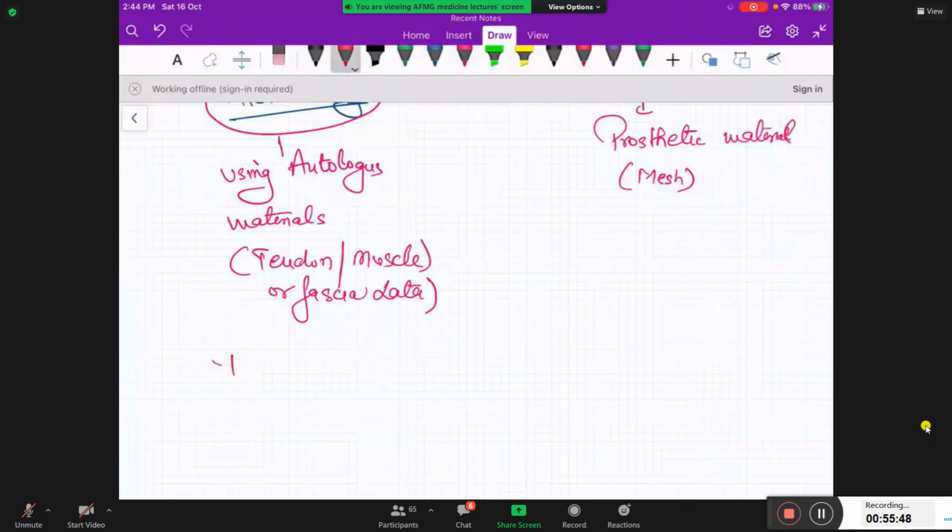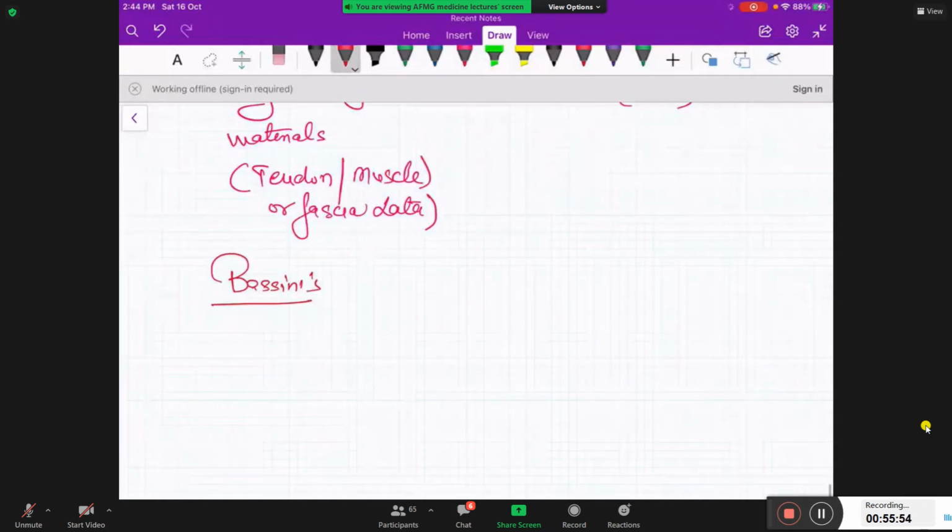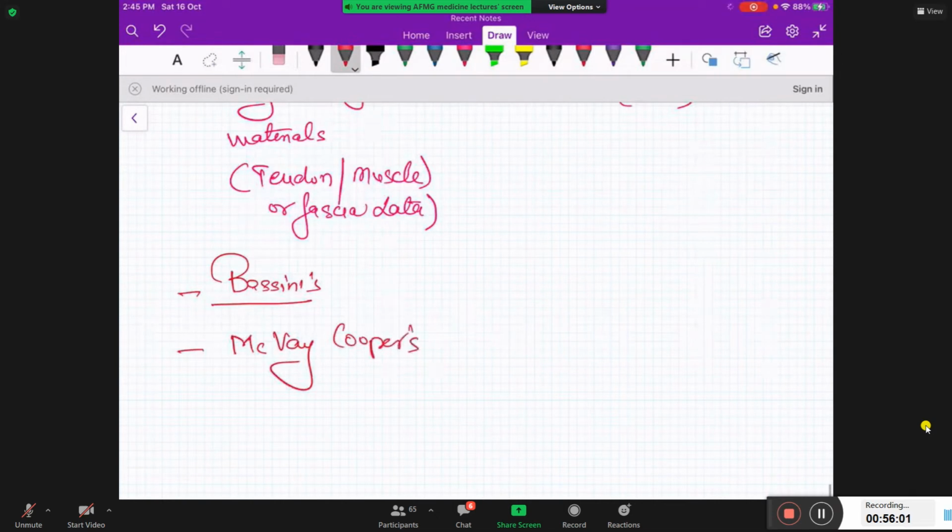We have Bassini's repair, McVay, Cooper's repair, Shouldice repair, and Desarda repair. These are the various types of herniorrhaphies we have.